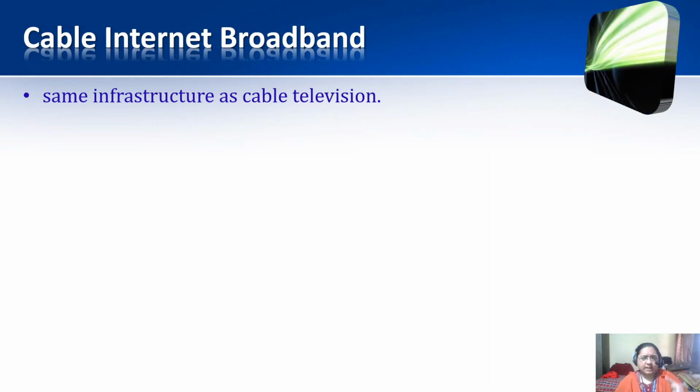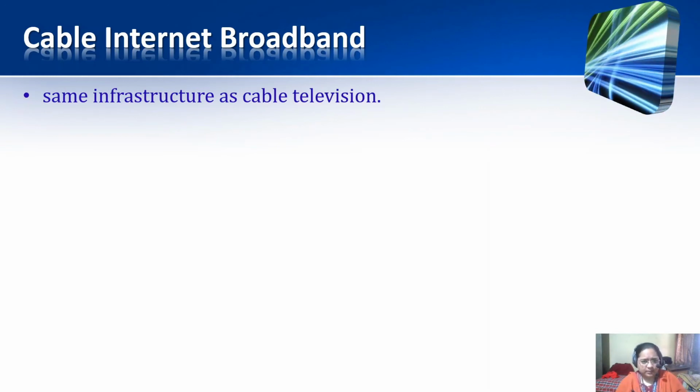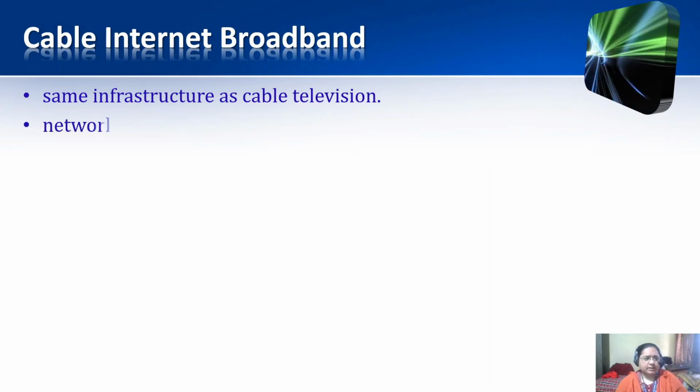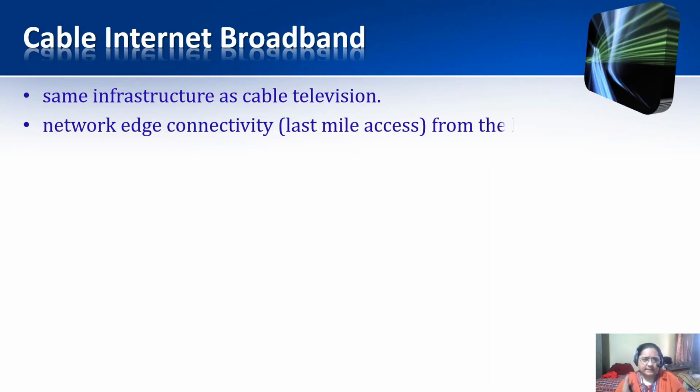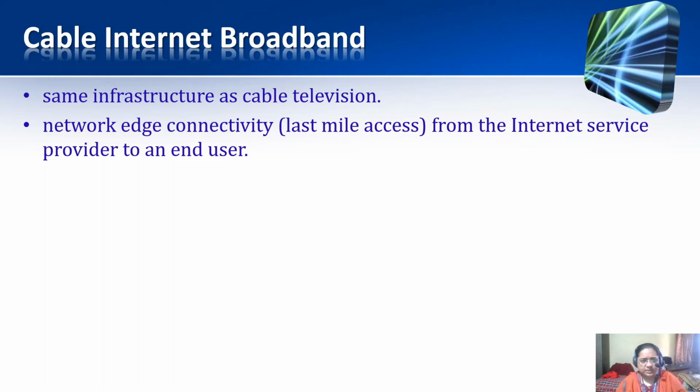They would install amplifiers at certain locations, and those amplifiers would have around 3 to 4 available ports to which some nearby subscribers would be connected. Hence cable broadband also uses the same infrastructure as cable television.